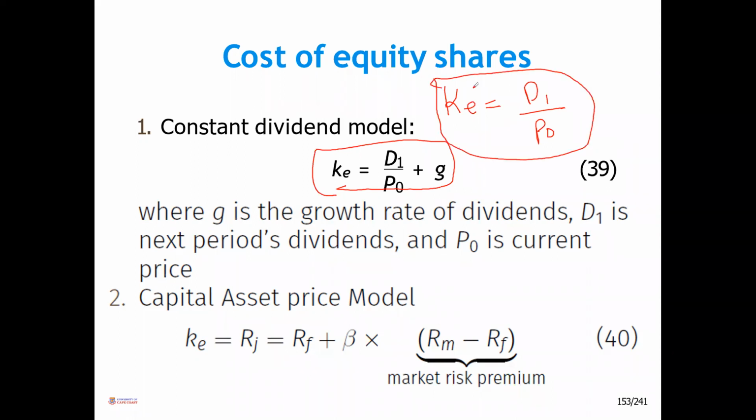We treat cost of equity similar to cost of preference shares because we assume that equity shareholders receive constant or fixed dividends like preference, although in practice it is not like that. If we think the dividends are changing, it will be very difficult to estimate. So when we are doing this, we assume that.